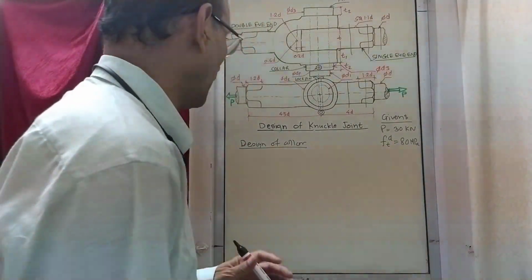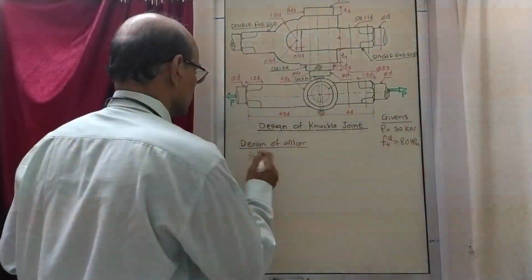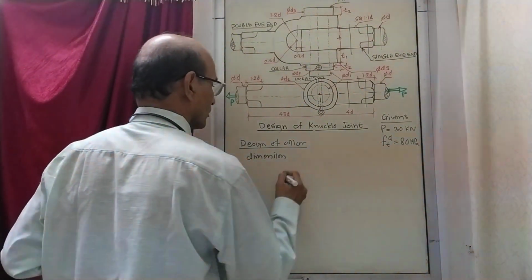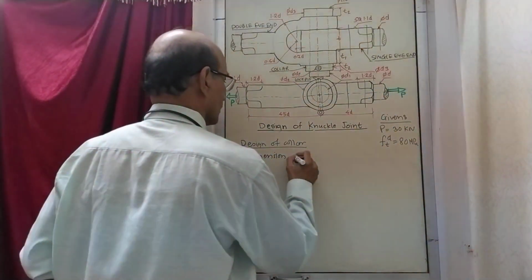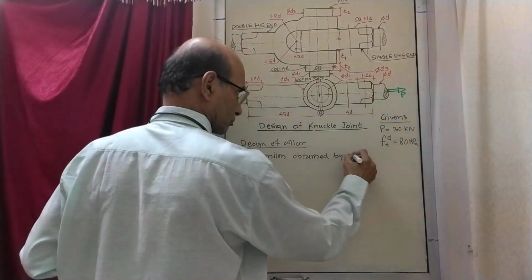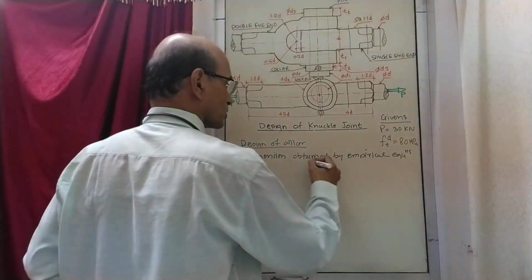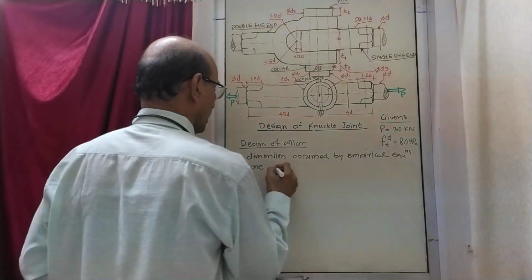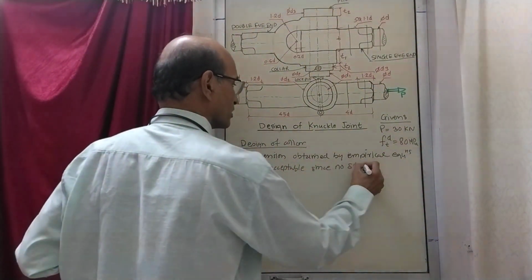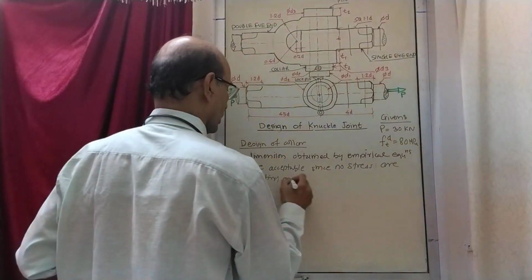Now what is the second part? I'll just write here: dimensions obtained by empirical equations are acceptable since no stresses are acting on collar.